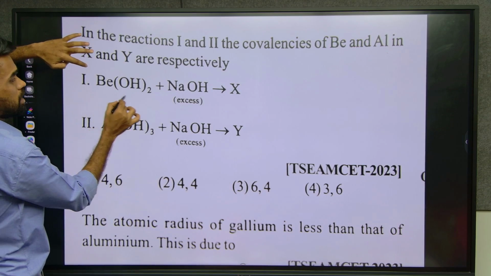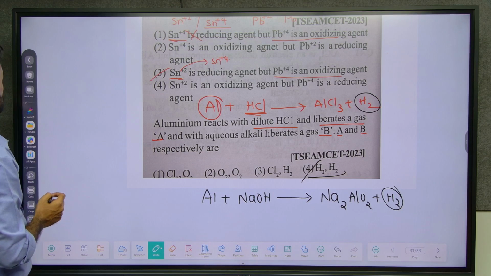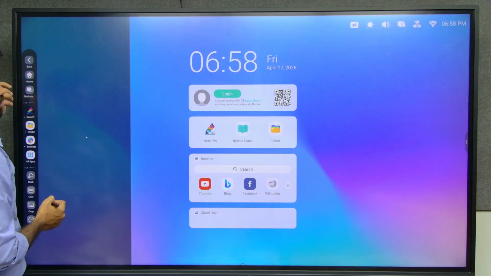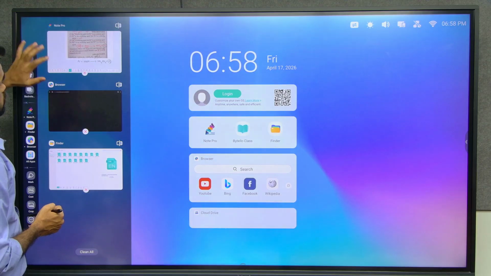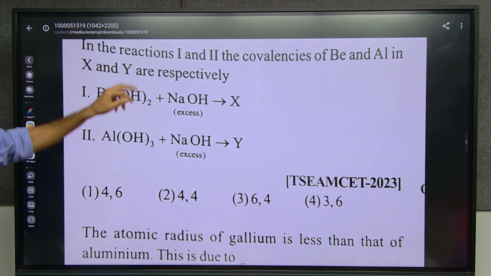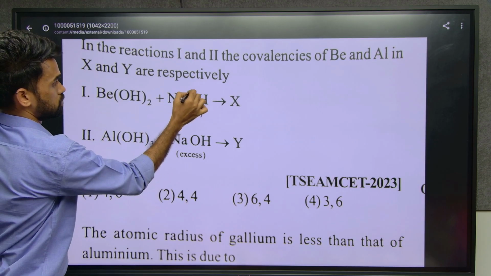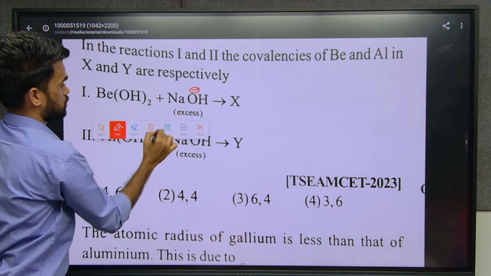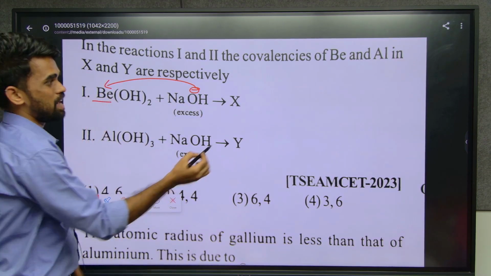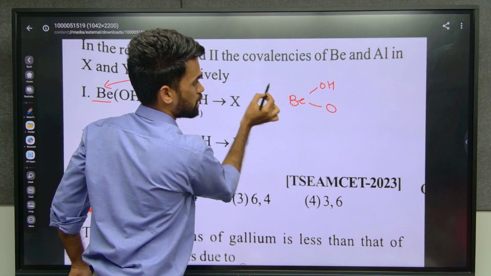So beryllium hydroxide. Tell me for this one. So OH minus you are giving this side. How many you can give for this? So it can show tetravalency maximum. It means 2 OH groups are there. How many you can give still?